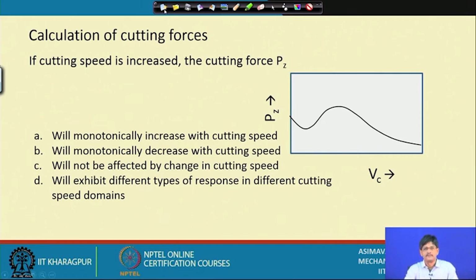I should mention here one thing, that in the high speed domain, this is one phenomenon: the energy of cutting is going to manifest itself by attainment of higher temperatures which soften the material.